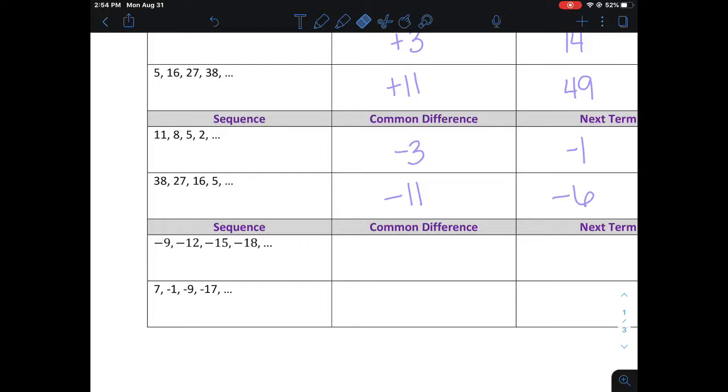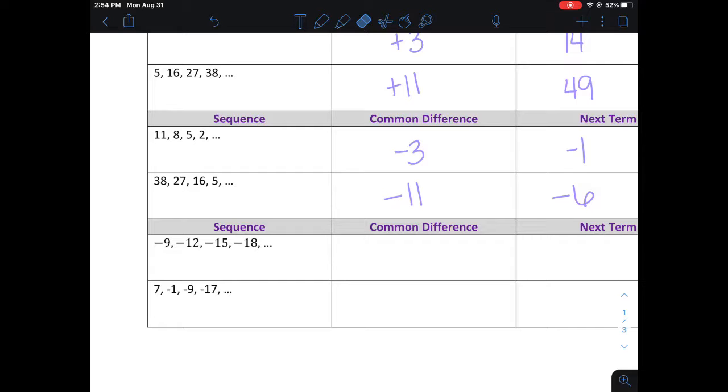Next one, now we have negative numbers. Ooh, so scary. Yes, I know, so scary. Okay, negative 9, negative 12, negative 15, and negative 18. Now, are our numbers getting larger or smaller as we go through this? Okay, we're in negatives.